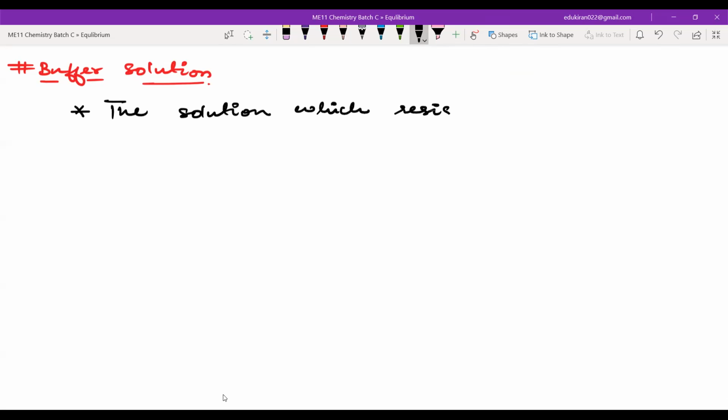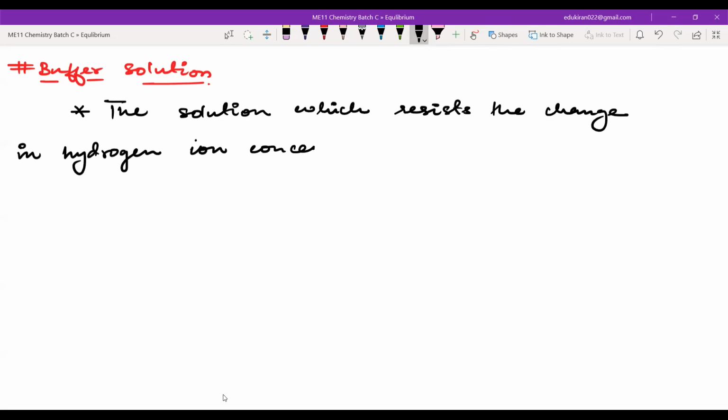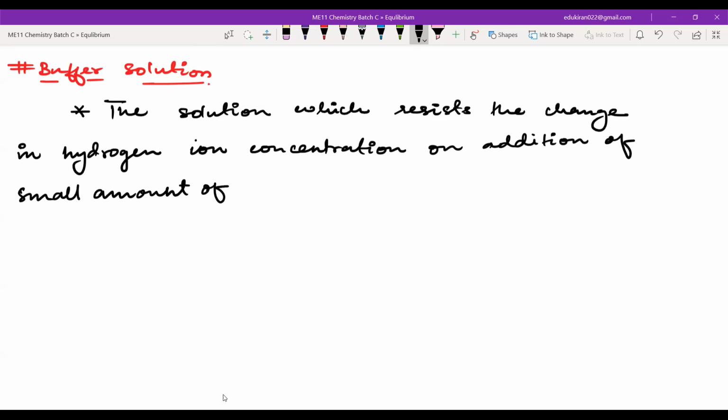Which resists the change in hydrogen ion concentration on addition of small amount of acid or base.